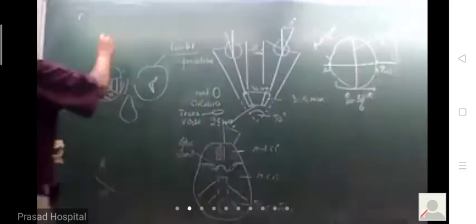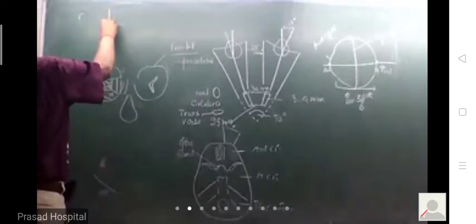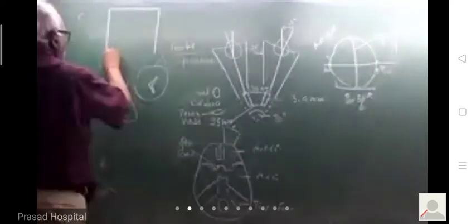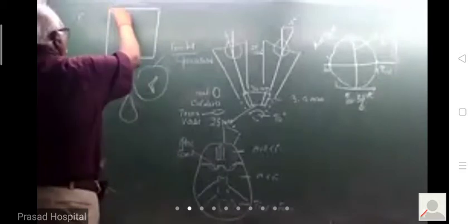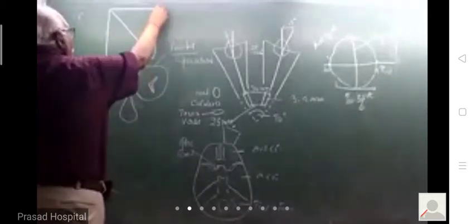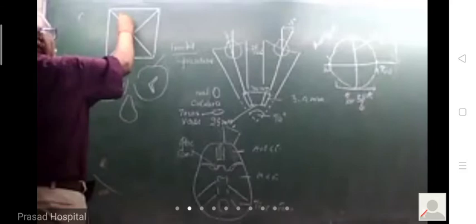So, what I find, just to tell you in diagrammatic representation, this is the bony orbit. This one is the superior orbital fissure.